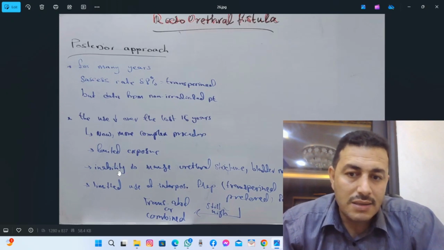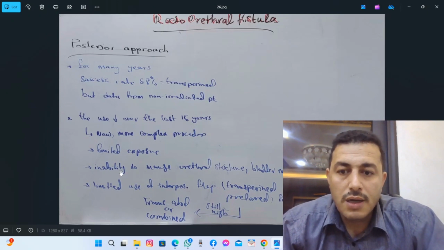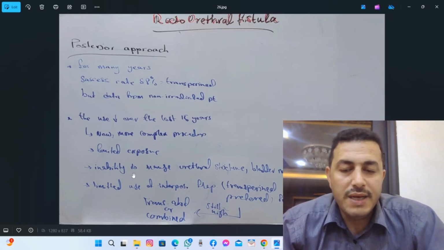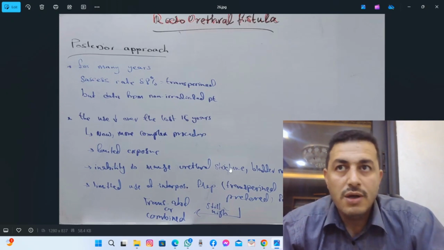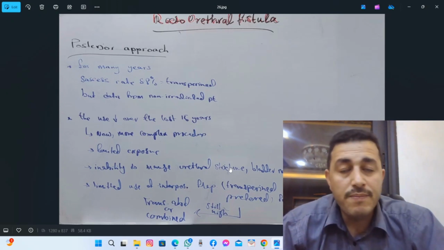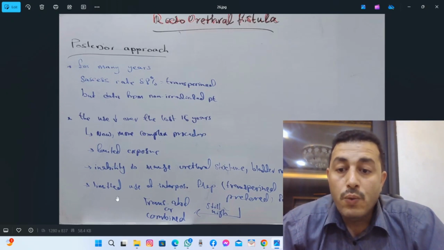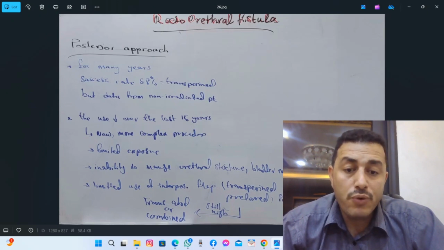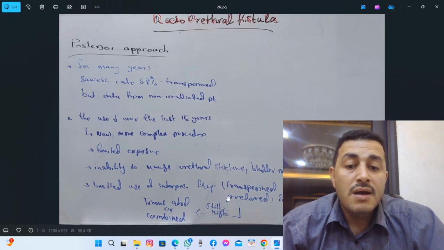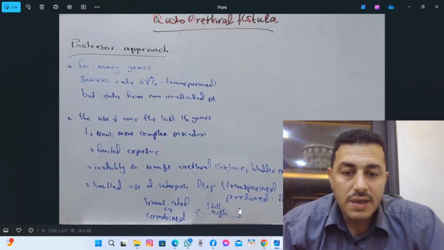So limited inability to manage the urethral structure or bladder neck issue in general. We are far from the urethra. We're limited to use any interposition flap, and this is why we prefer the perineal approach nowadays for complex fistula.